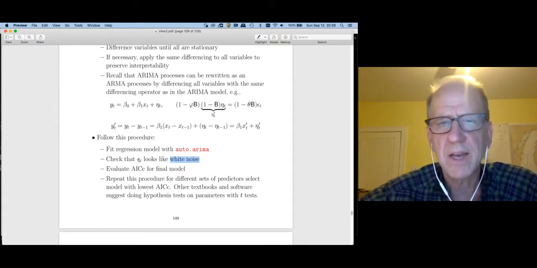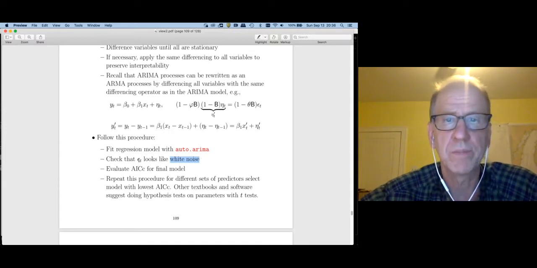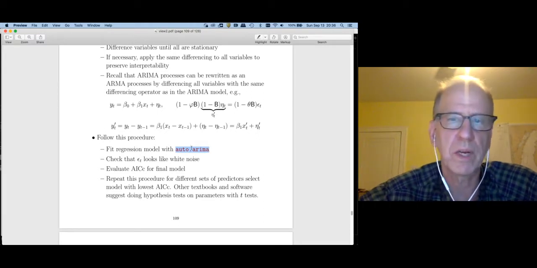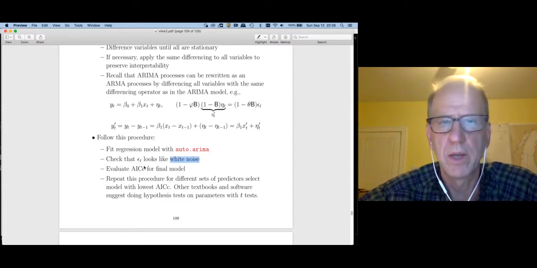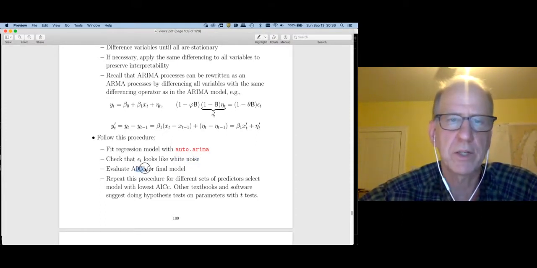If we find that these epsilons are not white noise, that means we need to do more with our ARIMA model. So we may make some custom changes to what came out of auto.arima until we can reduce everything to white noise. Once we have white noise, then we can do model selection using AIC.